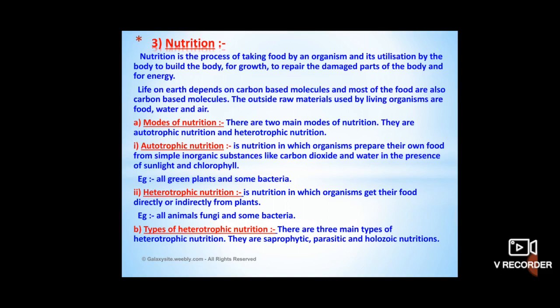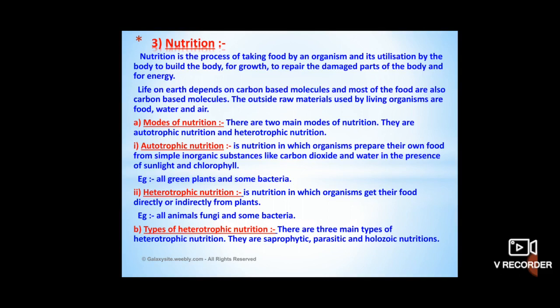Autotrophic nutrition is nothing but organisms that have the capacity to prepare their own food with the help of photosynthesis. These are what we call autotrophs. Autotrophs is a kind of nutrition in which the organism prepares its own food from simple inorganic substances.